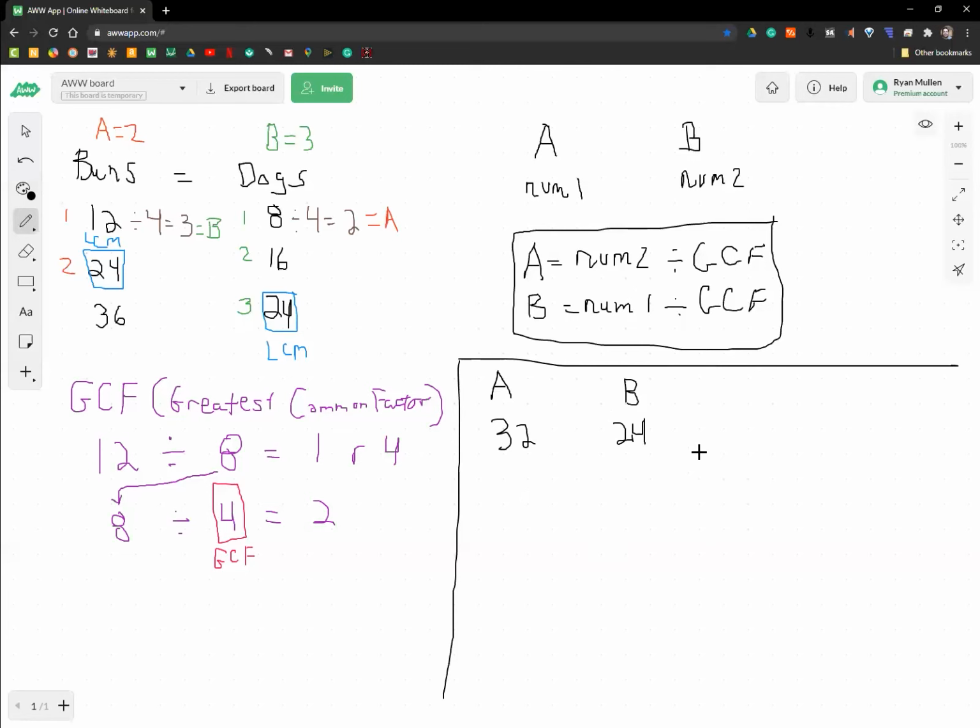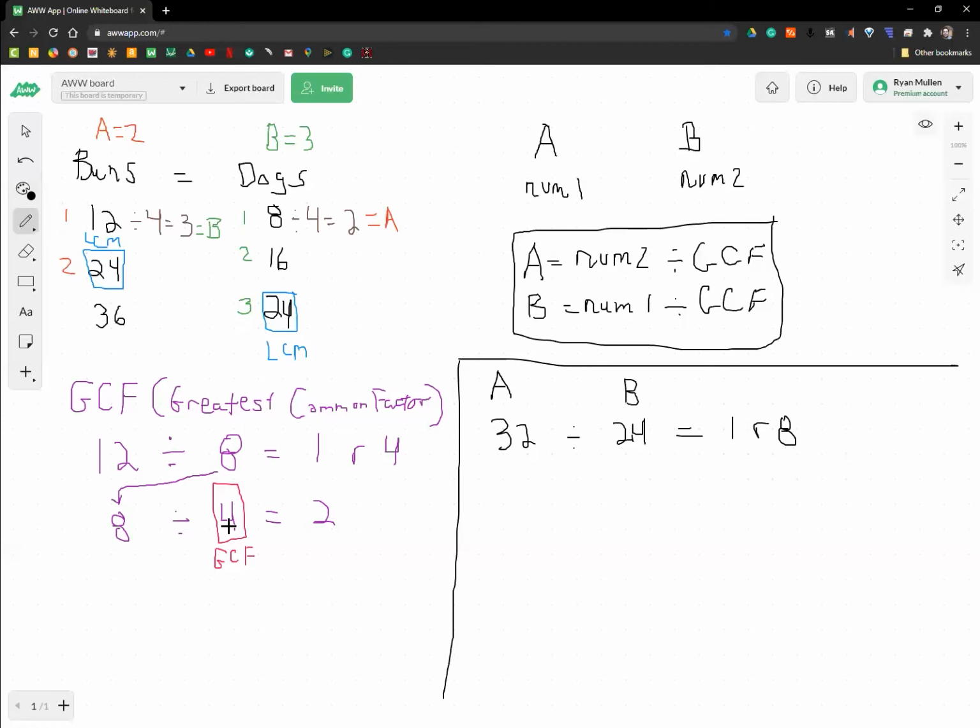So the first thing I have to do is find the GCF, because I know what number 1 and number 2 are. I just have to find the GCF. And we have a nice little division property that we can use for that. So I am going to take 32 and divide by 24. That's 1 with a remainder of 8, because it only goes in once.